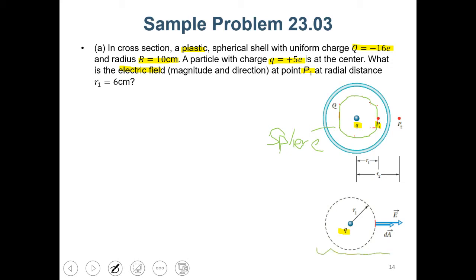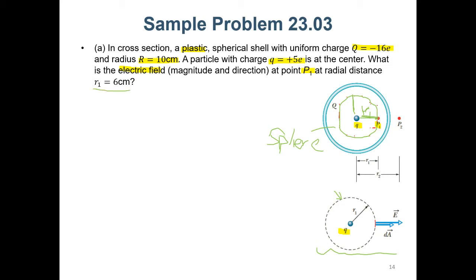Because we are concerned with the point here, we define a Gaussian surface with the radius equal to this one. So P1, this R1 is this one.